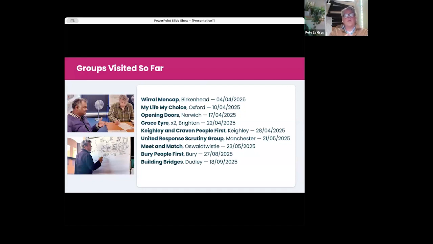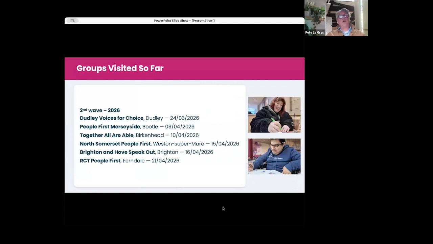There's also a friendship and dating or social club there, Meet and Match in Oswald Thistle. I don't know if I'm pronouncing that right. So one of the groups I'm talking to now is a nightclub as well. So I'm making arrangements to go into other areas, groups that might provide relaxed settings, cinema, nightclubs, friendship groups as well.